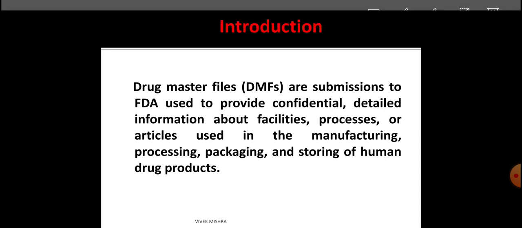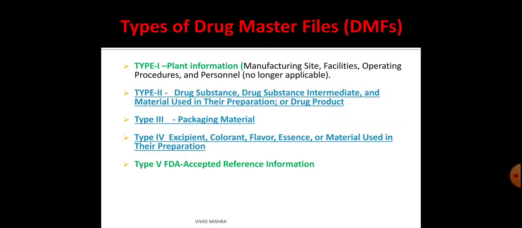So let's start with the types of drug master file. Basically there are five types of drug master file. Type 1 is about plant information: manufacturing sites, facility, operating procedures and personnel, which is no longer accepted by FDA.